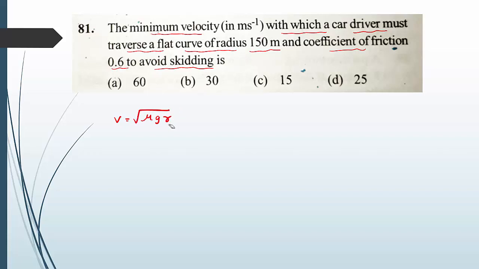This equation you can use for circular road. Everything is given, substitute. Mu value is 0.6, g value is 9.8, r value is 150. So these are the direct questions. If you know the formula, then easily you can calculate. 0.6 into 9.8 into 150, we will get the final answer 30 meter per second. So option B is the right answer.